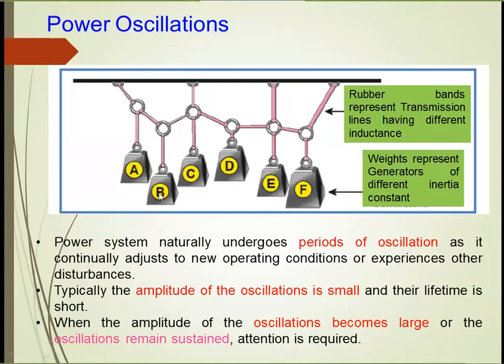Now if you apply some disturbance, a jerk, on the weight masses, the rubber band will have some oscillation among them. But whether you have more oscillation or less oscillation depends upon the weight of these masses.